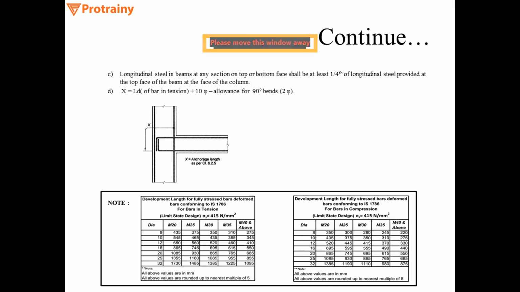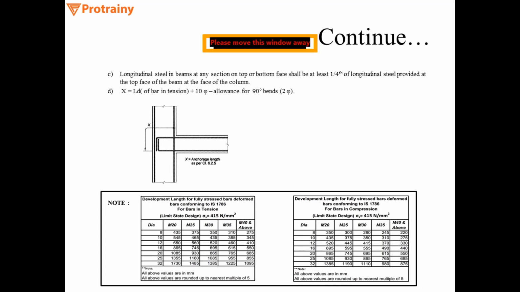For a 45-degree bend, it is about 1 time the diameter. So this minimum length of embedment of the bar should be there to have a proper load transfer mechanism within the column and beam junction.